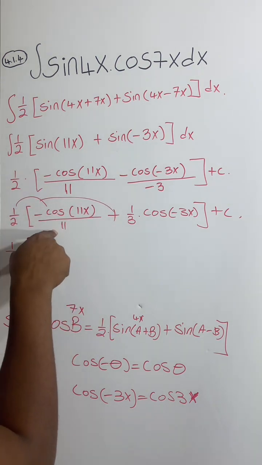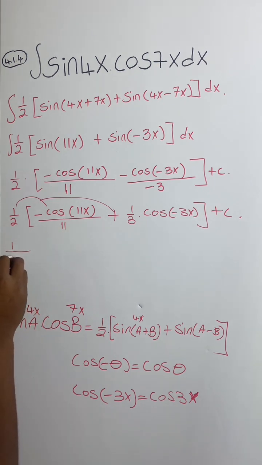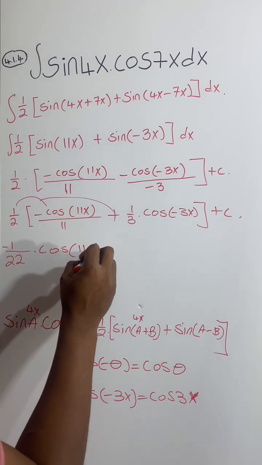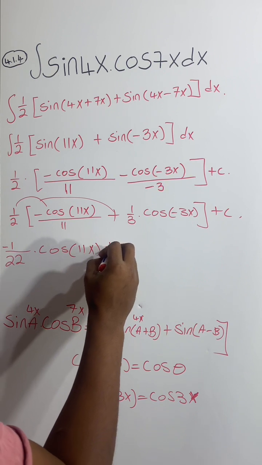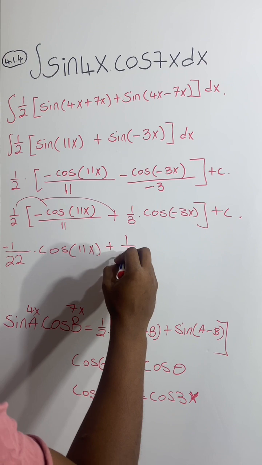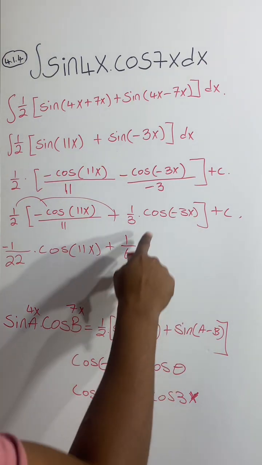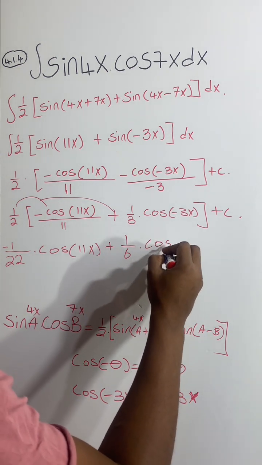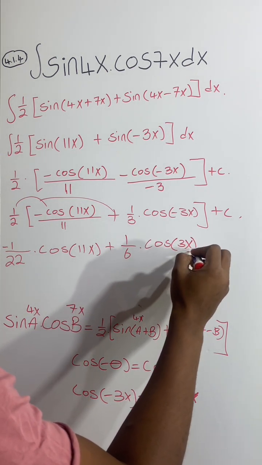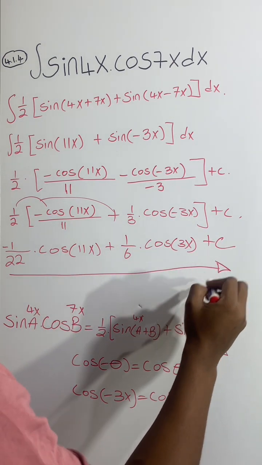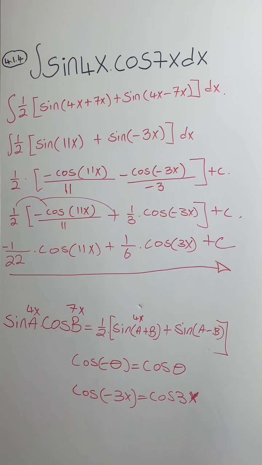So that 1 over 2 multiplied by that 1 over 11 will have 1 over 22, minus 1 over 22 multiplied by cos of 11x, plus that 1 over 2 multiplied by that 1 over 3 will have 1 over 6 multiplied by cos 3x plus c. So this will be our answer for question 4.1.4.